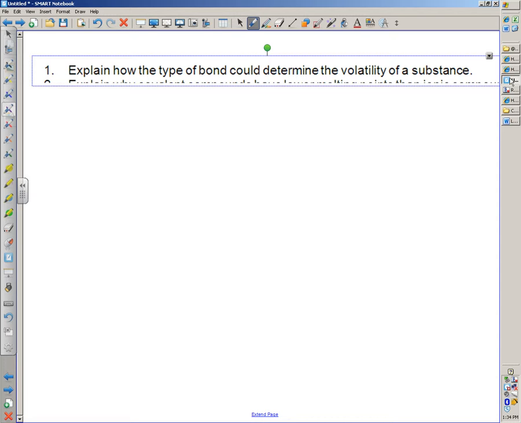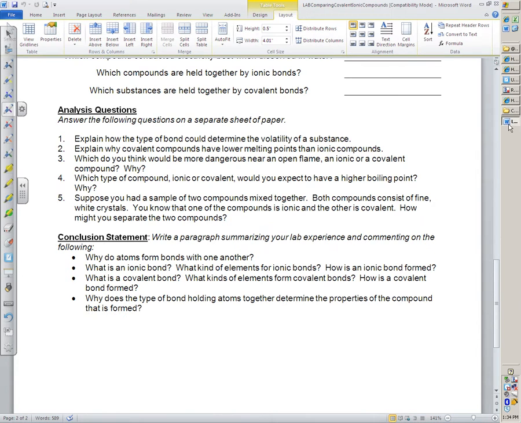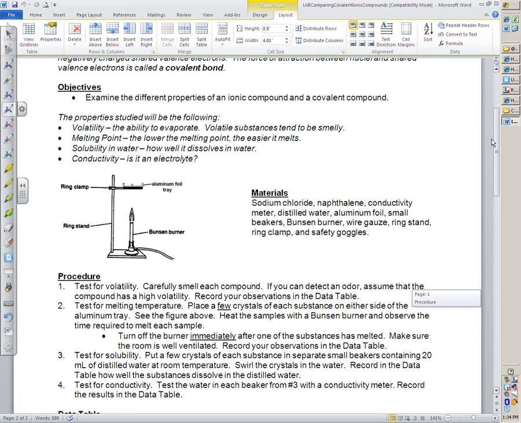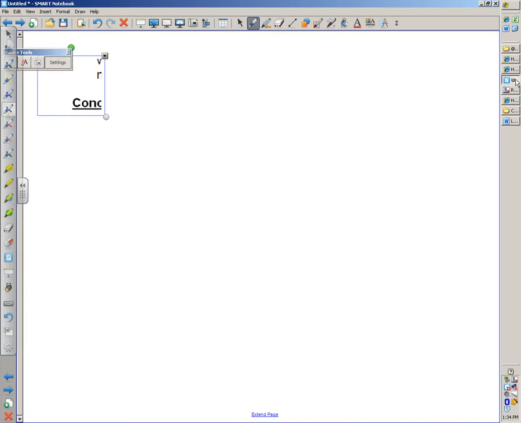What did we look for to test? Volatility means smelly, right? That's not technically what it means. It means, like on the front page, if it turns into a gas, right?